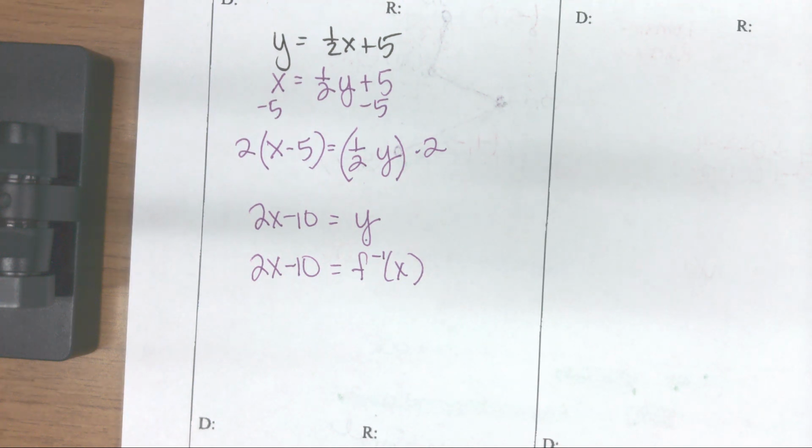So that's where we're going to stop for today, and now I want you to try one on your own. So when you get this paper, would you flip it to the back?